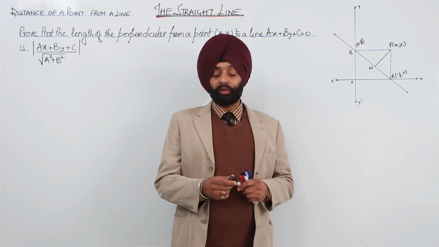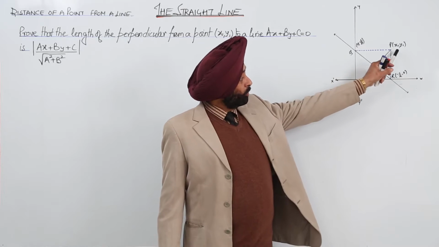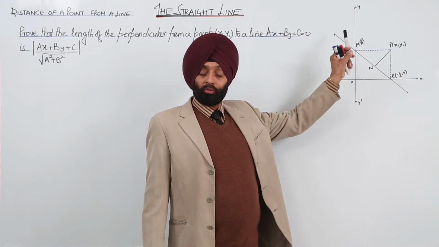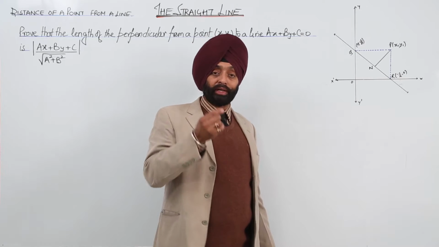Now we are going to derive a relation, or you can say formula, for when a point P is given away from a line and we have to find the distance between the point and the line.